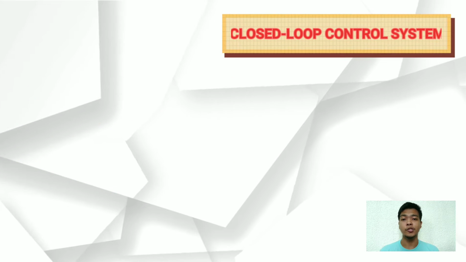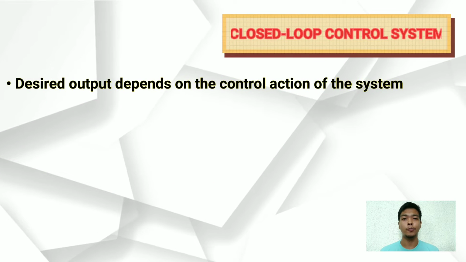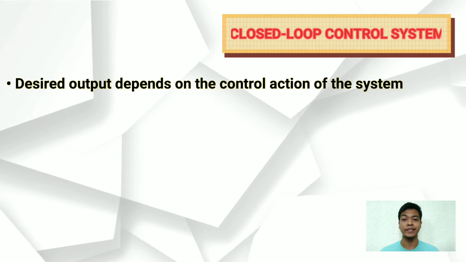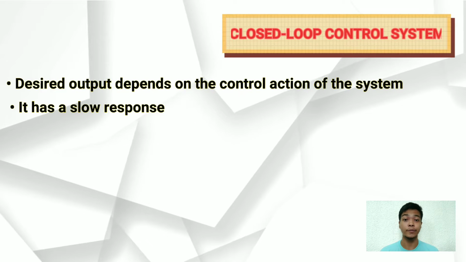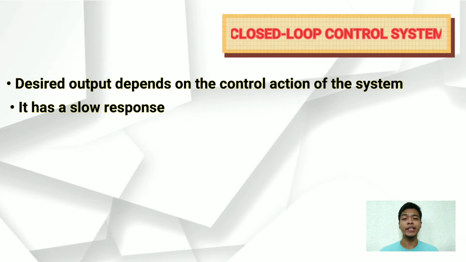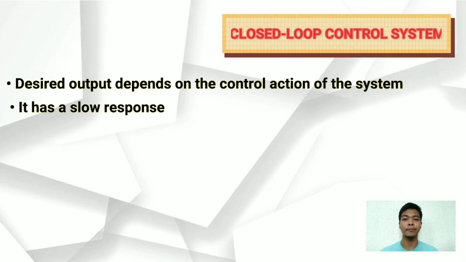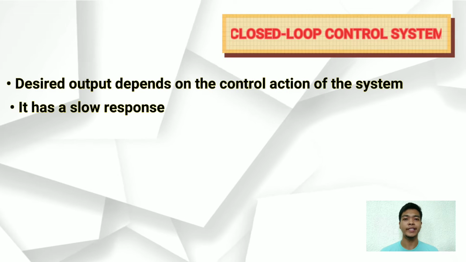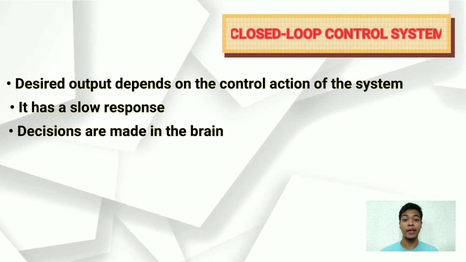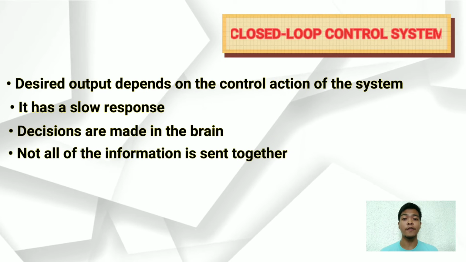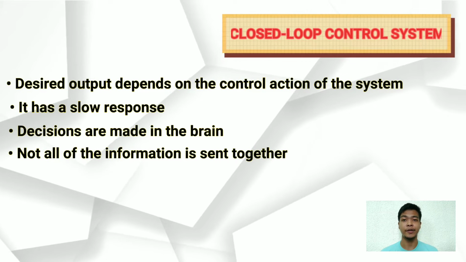Unlike in closed-loop control system, the desired output depends on the control action of the system, and it has a slow response. So, to thoroughly differentiate these two systems, in a closed-loop control system, decisions are made in the brain. Not all of the information is sent together.